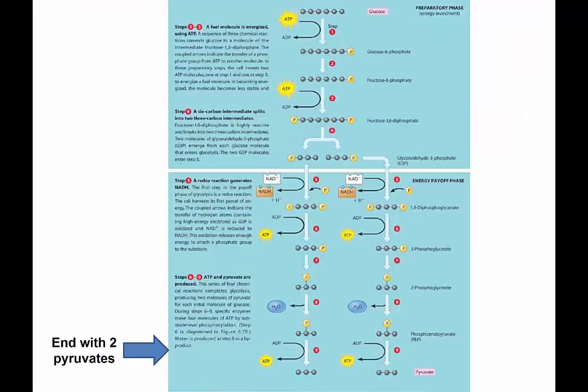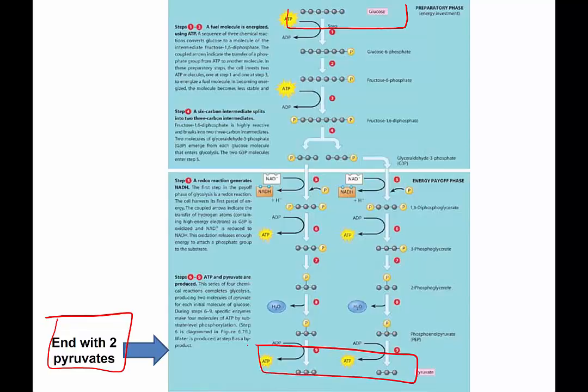Here's also a little bit of review. This is the overall summary of glycolysis. Remember, we start with glucose, and we end with 2 pyruvates at the end of this process. So we start with a 6-carbon molecule, which is glucose. We split it in half, and we get 2 molecules of pyruvate, so essentially 2 3-carbon molecules.